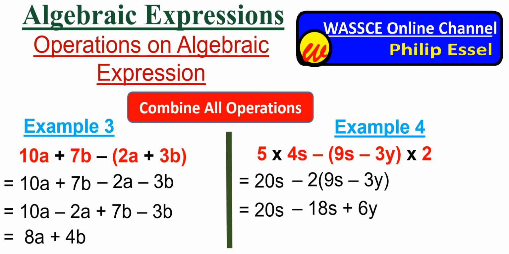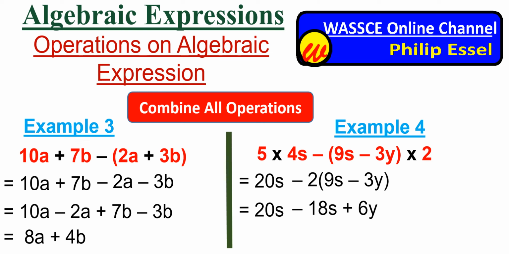So at this point we have 20s minus 18s plus 6y, and here it seems as if the like terms have already been arranged in the proper format. They are already on the same side, so we can go straight that way and solve our problem.